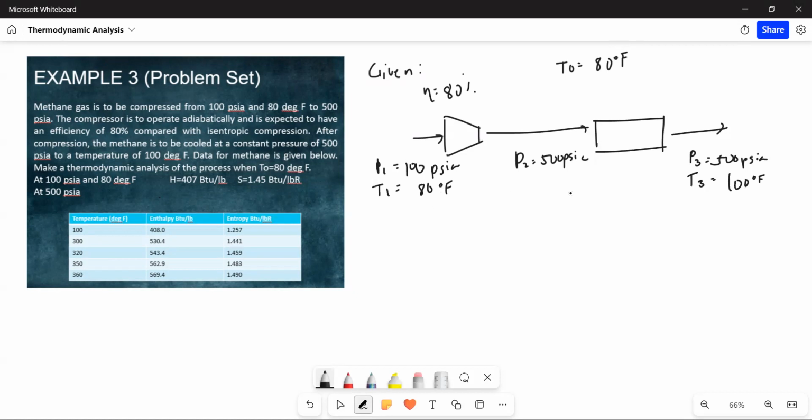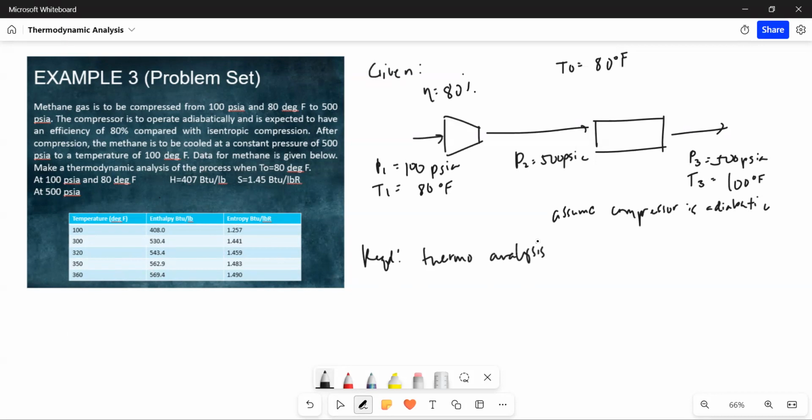And also, we assume that the compressor is adiabatic. The other givens are written on the problem. I will not rewrite them. The required is thermodynamic analysis.